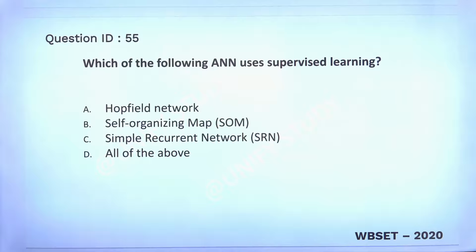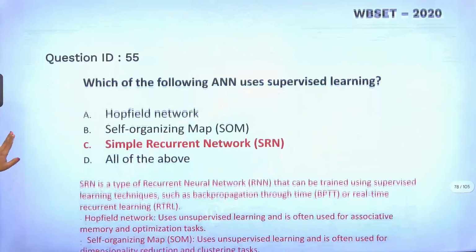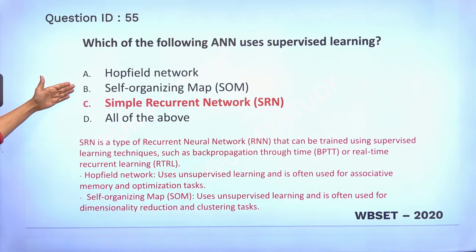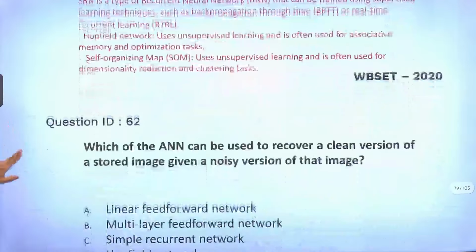Which of the following ANN used supervised learning? So simple recurrent neural network. This self-driving one is unsupervised. This is also unsupervised. This is the only supervised one. So that's why option C is the correct answer.